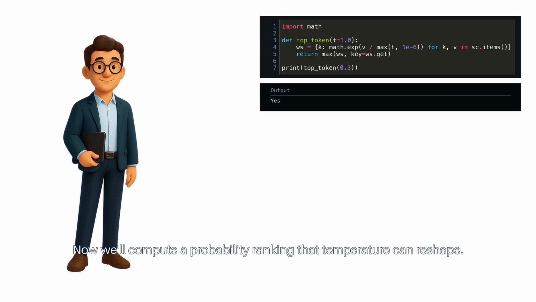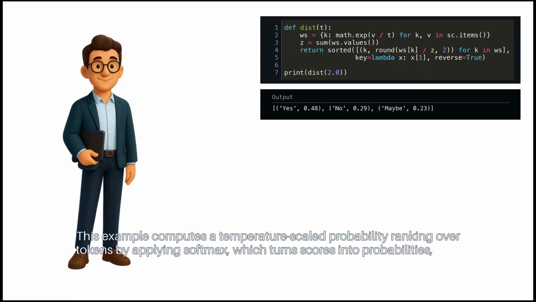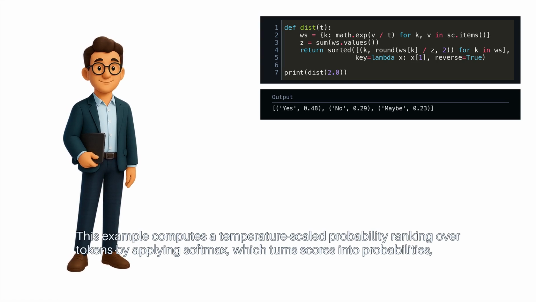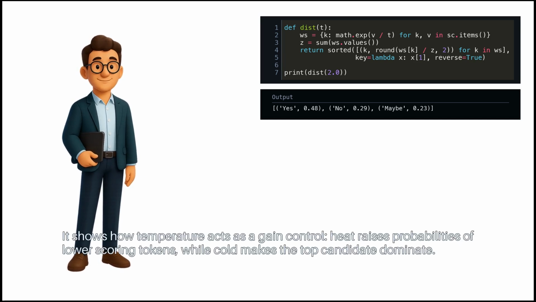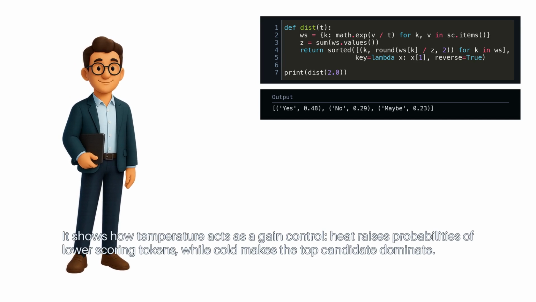Now we'll compute a probability ranking that temperature can reshape. This example computes a temperature-scaled probability ranking over tokens by applying softmax, which turns scores into probabilities. After dividing scores by temperature, it shows how temperature acts as a gain control.